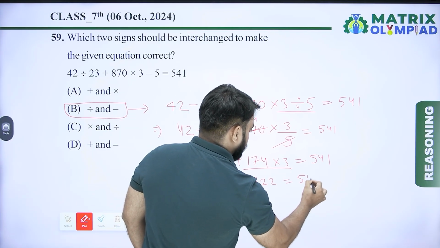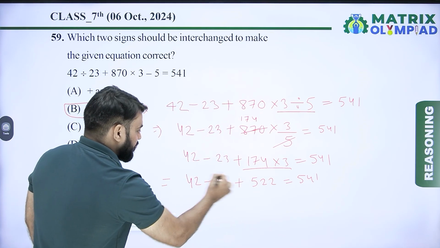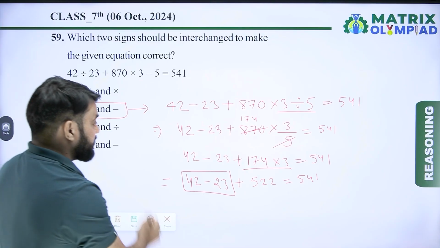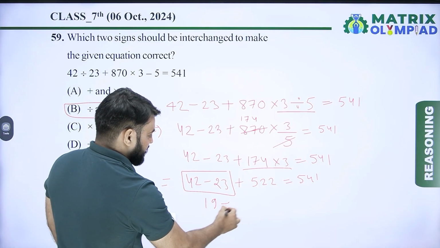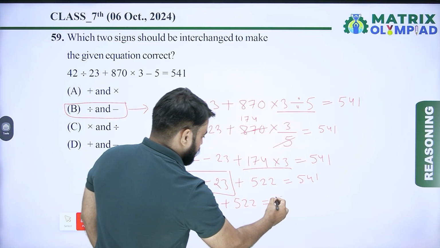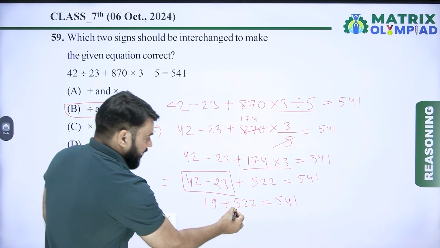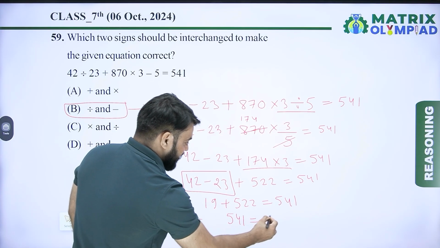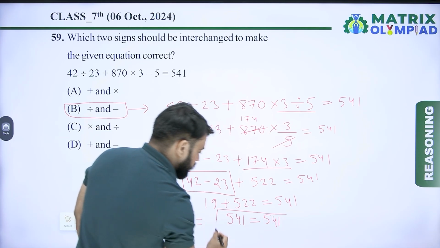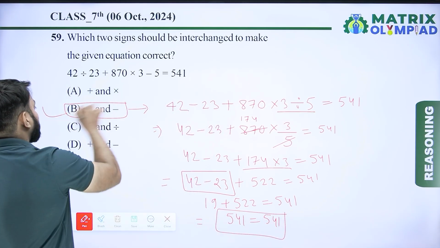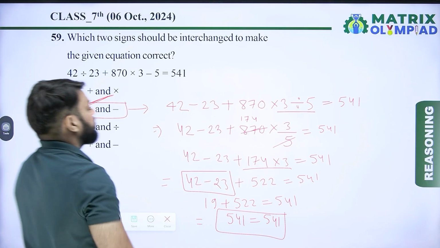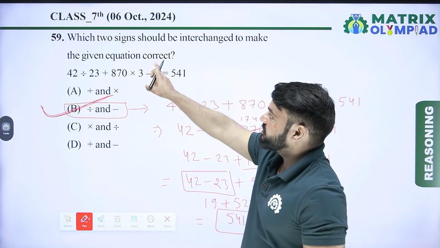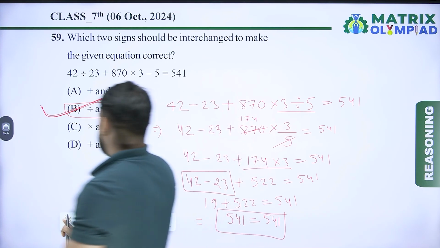Now 42 minus 23 means 19, plus 522 is equals to 541. 522 plus 19 means 541, always equals to 541. So here option B is the correct option for this question. Let's move to the next question now.